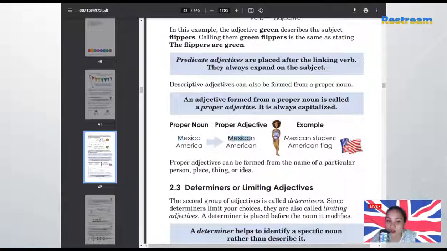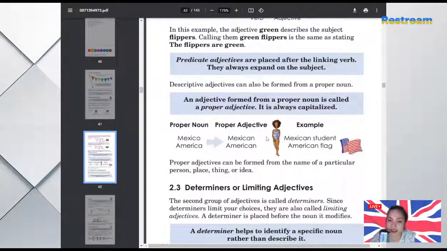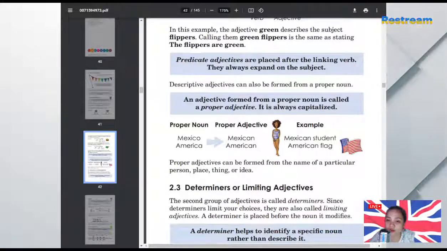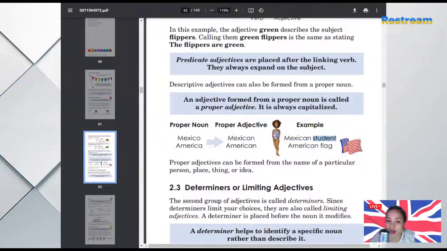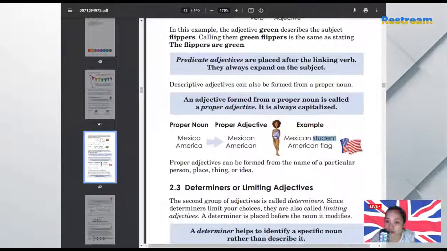So we needed to make it a proper adjective, so it would become Mexican. Now Mexican is already an adjective, then we put a subject. For example, Mexican student. The student is a noun and the subject, and the Mexican describes the noun student.